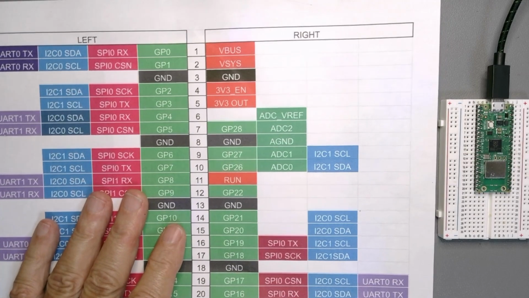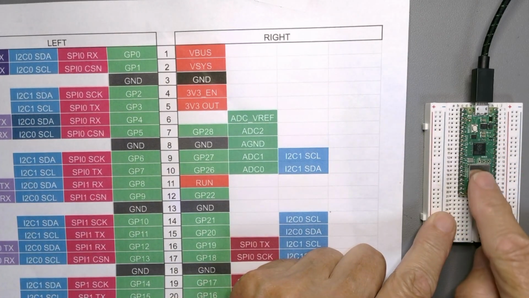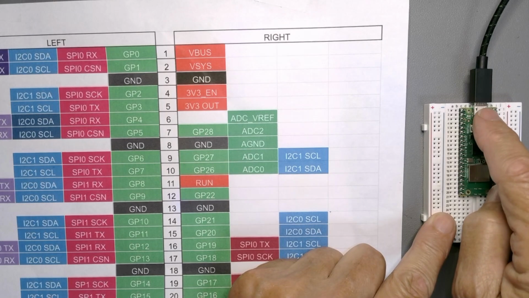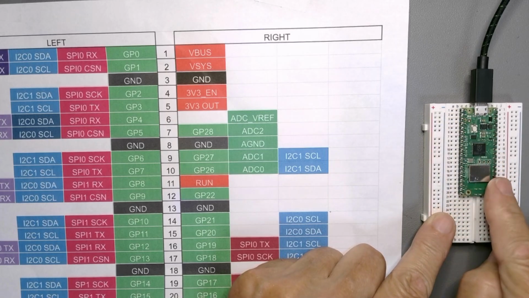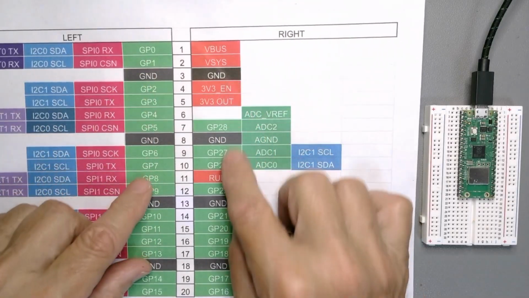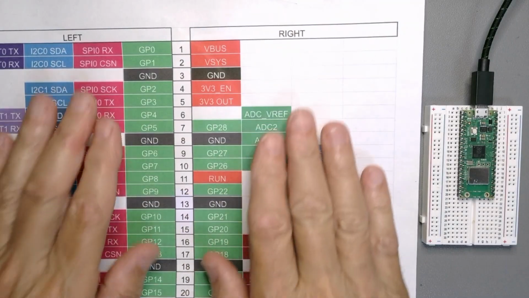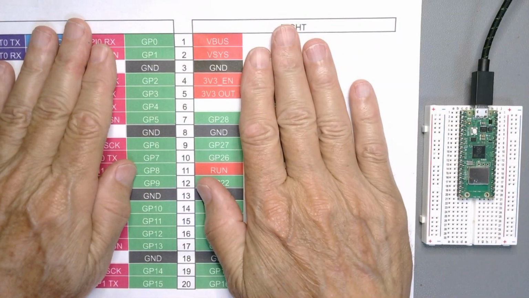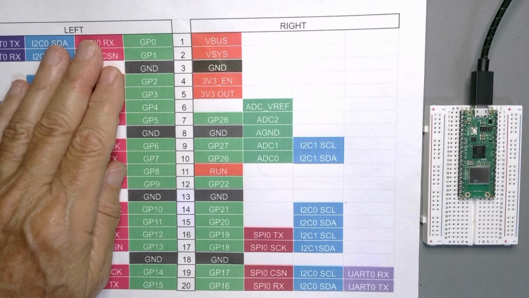The idea behind this is, if your Pico has been placed into the breadboard exactly this way, so the USB cable is up here and the first pin is in the first slot, and so on, then we can use this mapping between the Pico pin numbers and the breadboard pin numbers. For the purpose of this first program, you can ignore everything outside of these two strips.